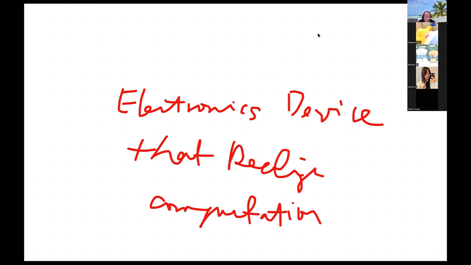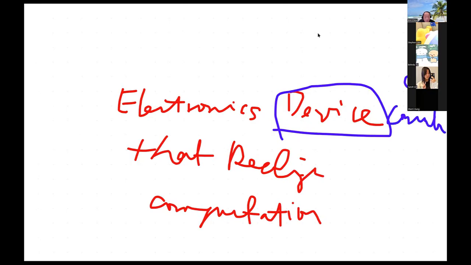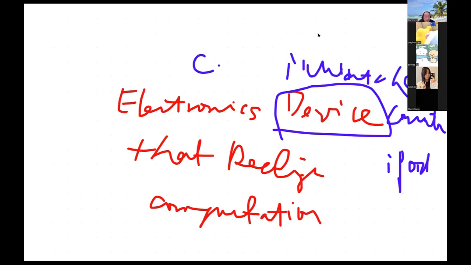So you have some sort of devices. These devices can be a cell phone, can be a computer, can be an iPad, can be an iWatch, can be a car pad that you have in the Tesla, can be a robot.